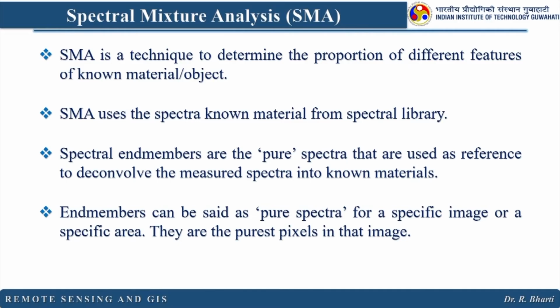So if we can identify the pure pixel in that image itself, where we expect that only one type of material, or certain proportions of known materials, are present within that pixel, then we can classify this whole image with respect to that identified end member or pure spectra.